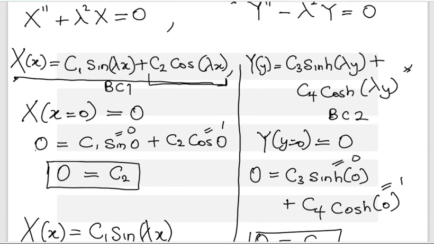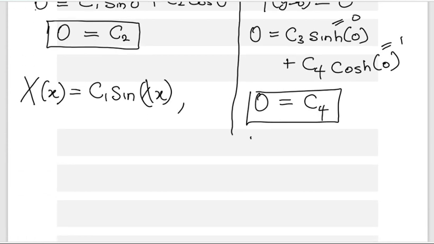Then we apply that back into the solution. That means this whole term here is going to become 0 because c4 is 0. So we have that our y of y is simply c3 hyperbolic sine of lambda y.